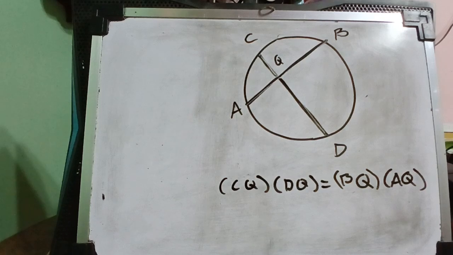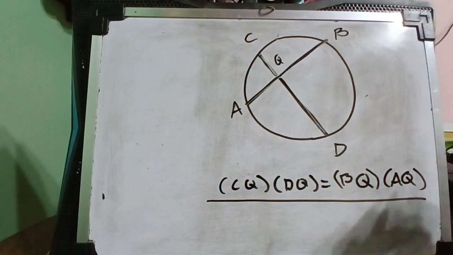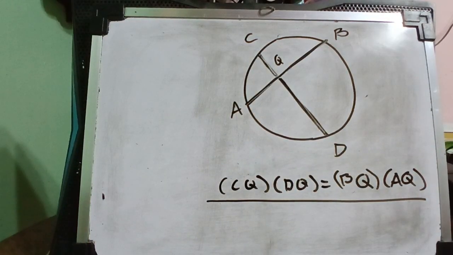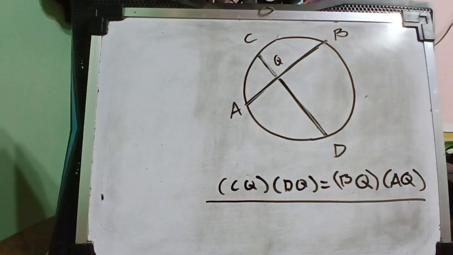So, iba naman kapag pinapahanap sa atin yung measure talaga ng isang chord. Yan naman if we were to find the value or the length of a missing segment. Pero kapag pinapahanap sa atin mismo yung value ng buong chord, hindi natin i-multiply. AB? Multiply natin AQ and BQ? Hindi yun.